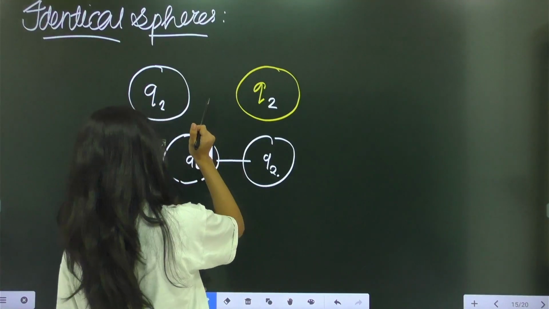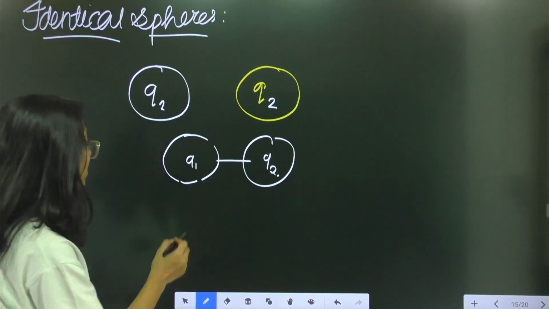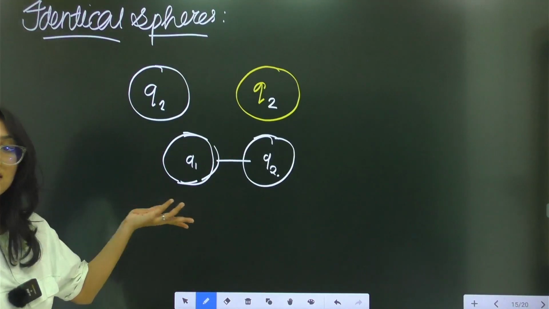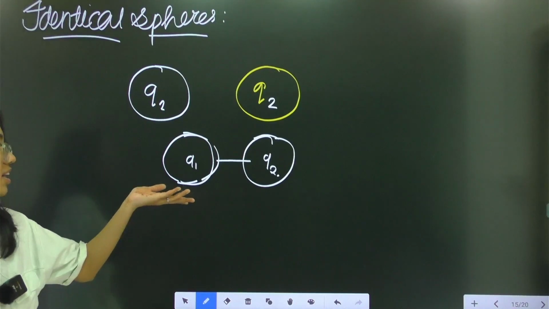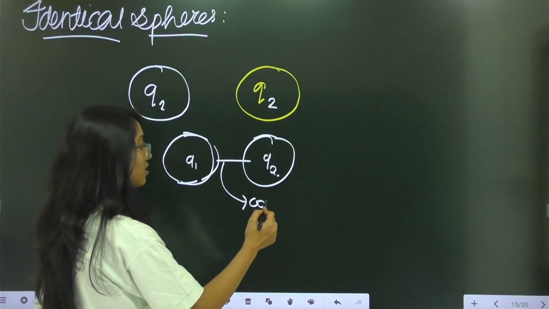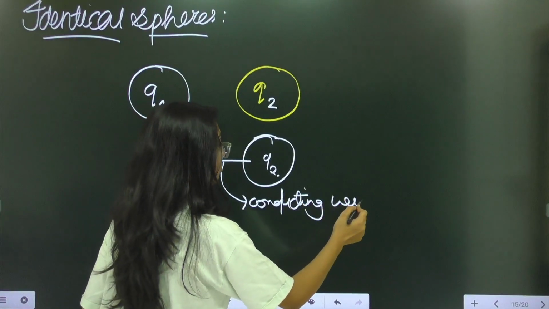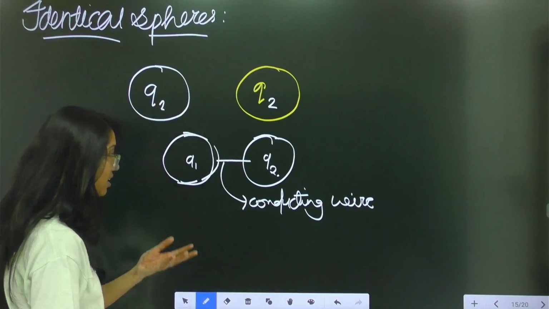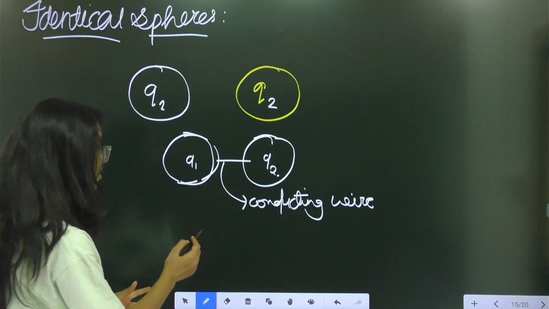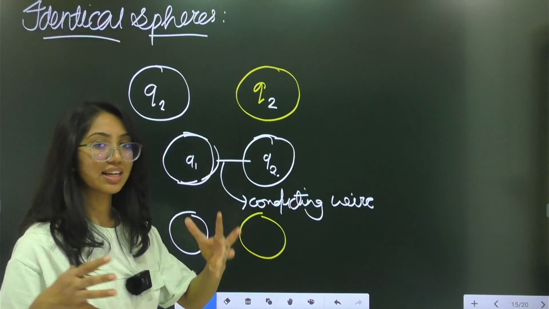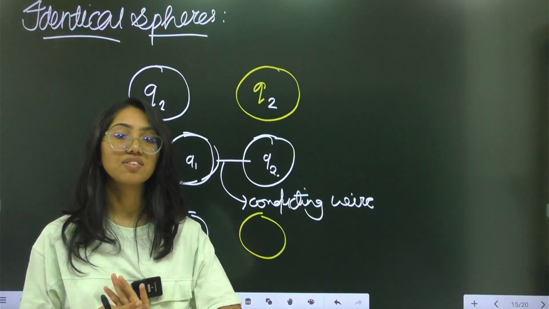So what we did is we connected these two spheres with a conducting wire. This is a conducting wire. Now what we are going to do is separate both spheres again. So the charges, because we connected it, the charges will get redistributed.